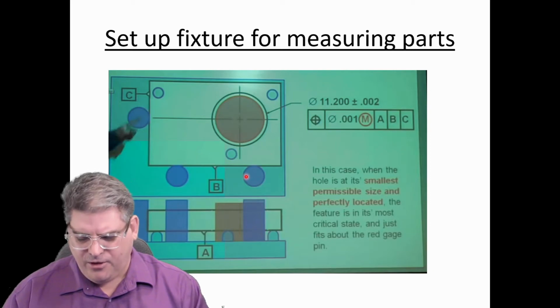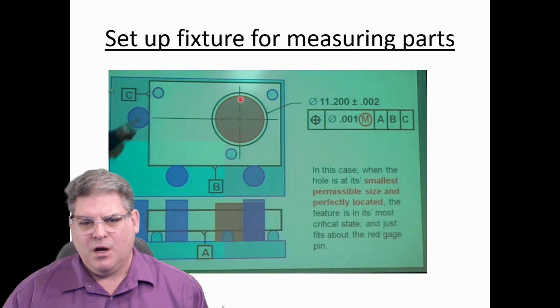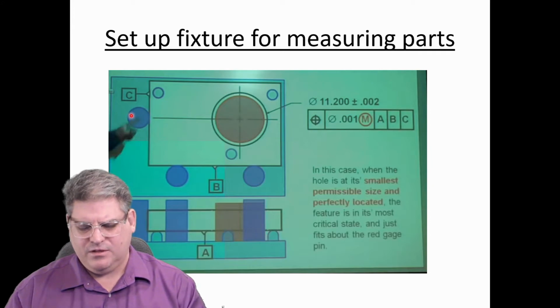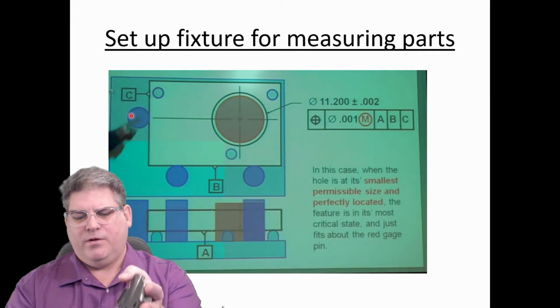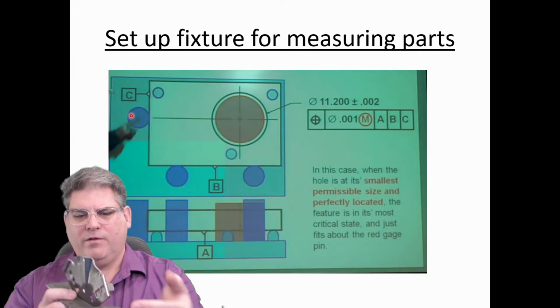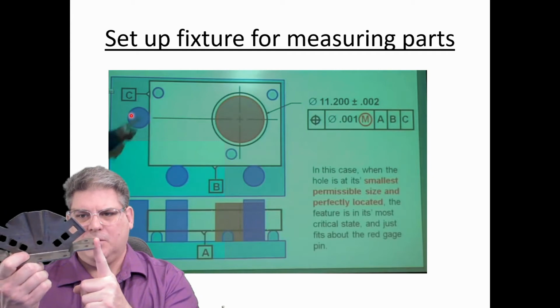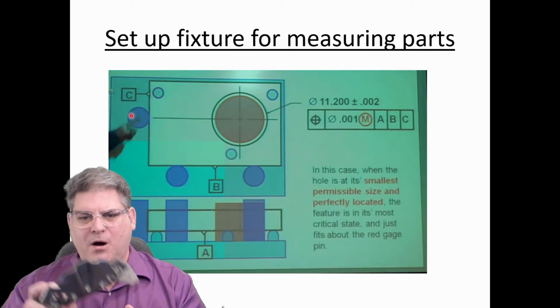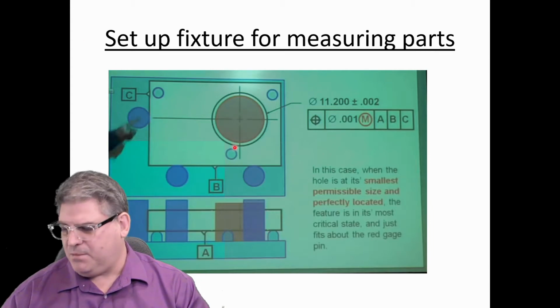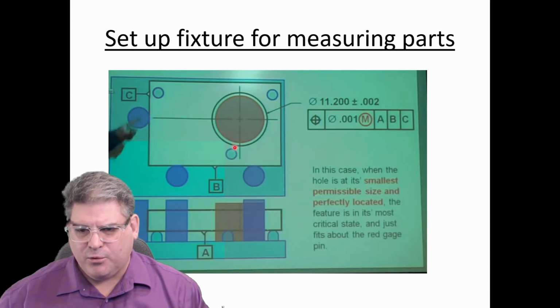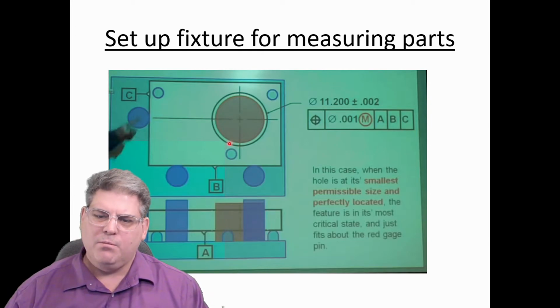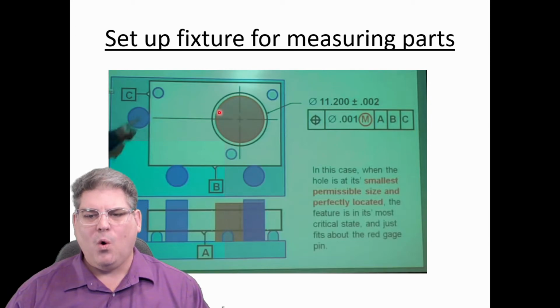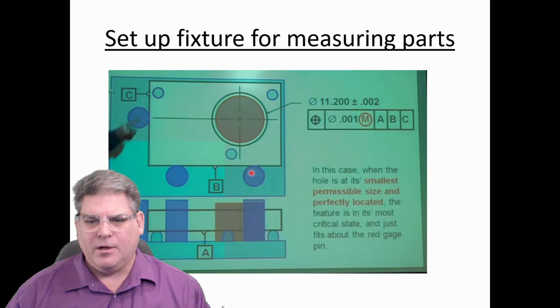Okay, and the third one refers to a single point. Okay, so we've got a plane, we've got a line, and now we've got a single point. Okay, and that would locate this part, or this part as the case may be, in 3D space, so that we could measure this hole very accurately.